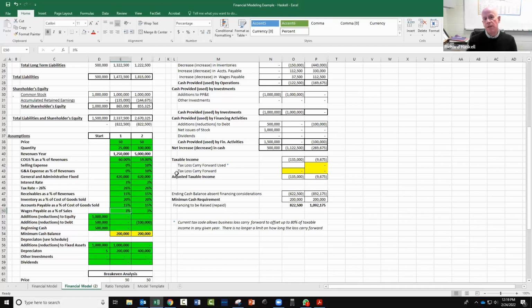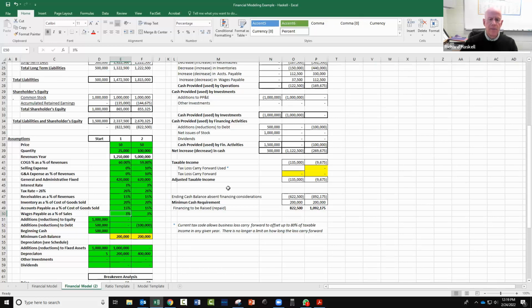So we came to the end of the year and the pay period either hadn't finished or the pay day hadn't come. And so we had this payable. That kind of walks you through where these assumptions are and some of the rationale for them. Now let's look and see how they affect things.